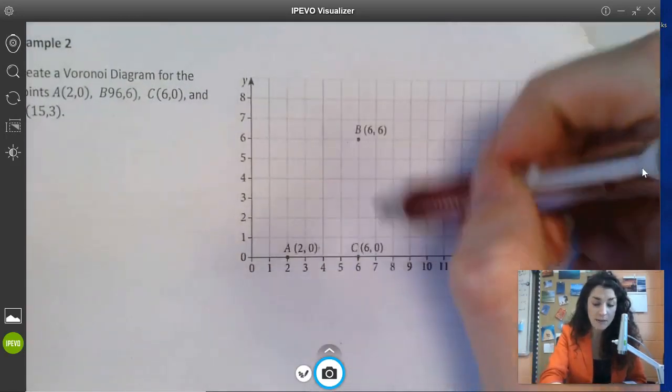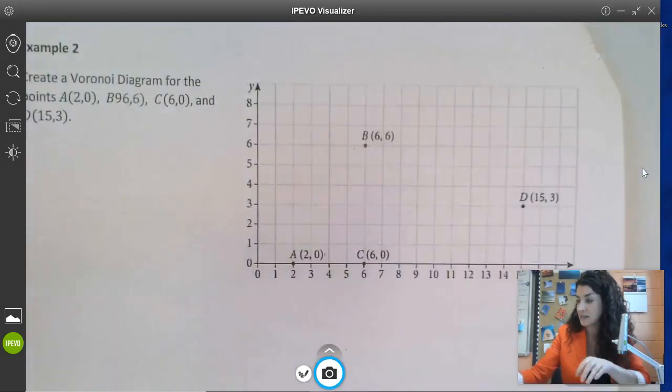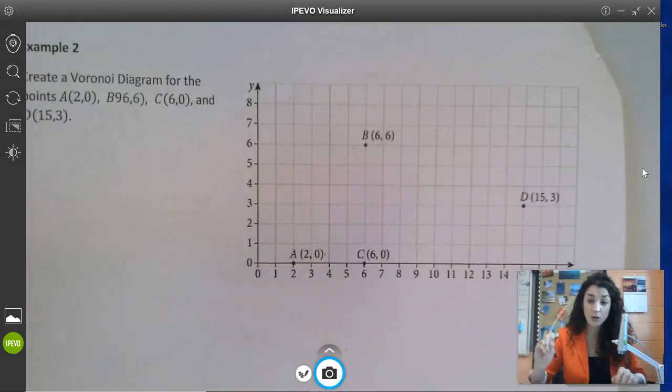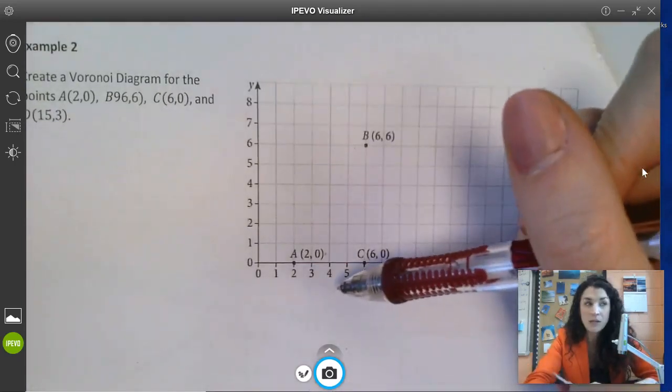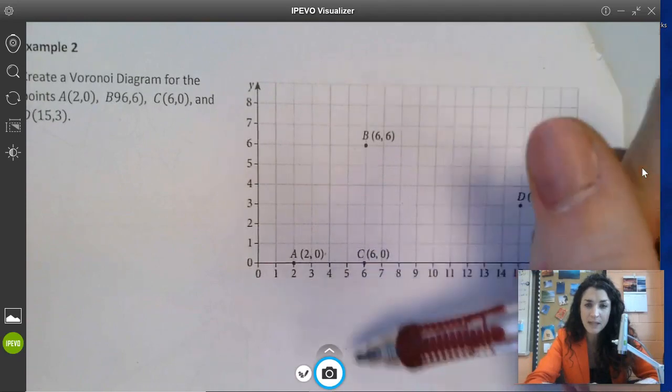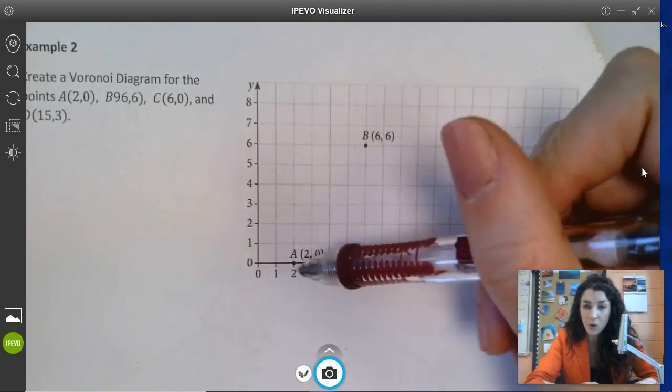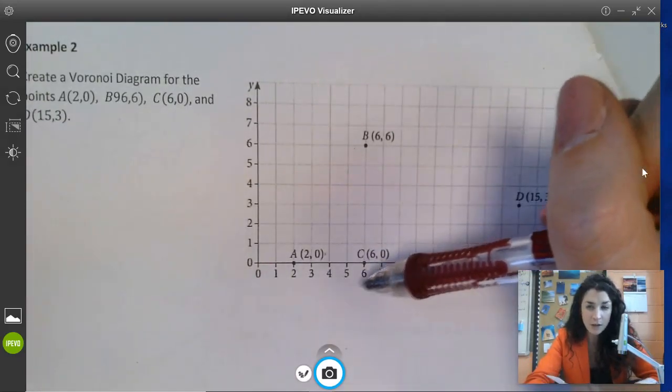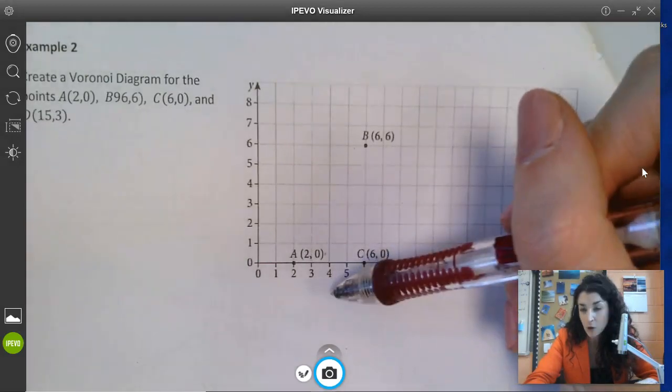I'm going to start with ABC first and ignore D. Everybody should get a ruler out as well. It'll be helpful. This one is a pretty nice one because we don't actually have to calculate the perpendicular bisector for a couple of these. Since A and C are horizontal to each other, we know that the perpendicular bisector is just going to be vertical.